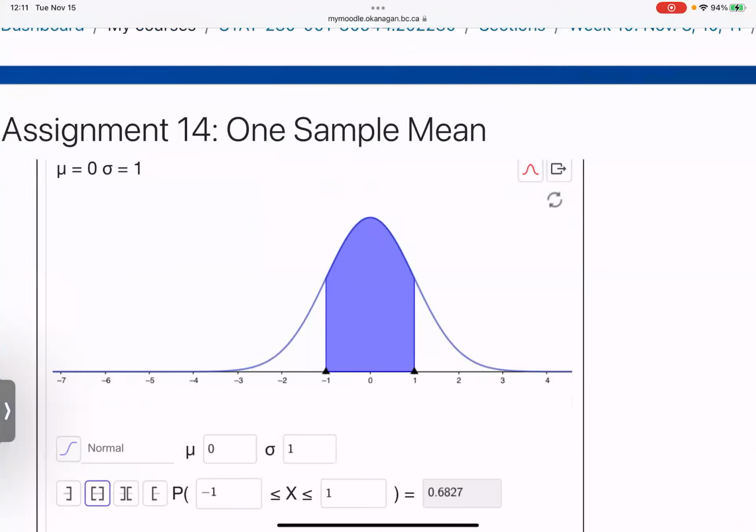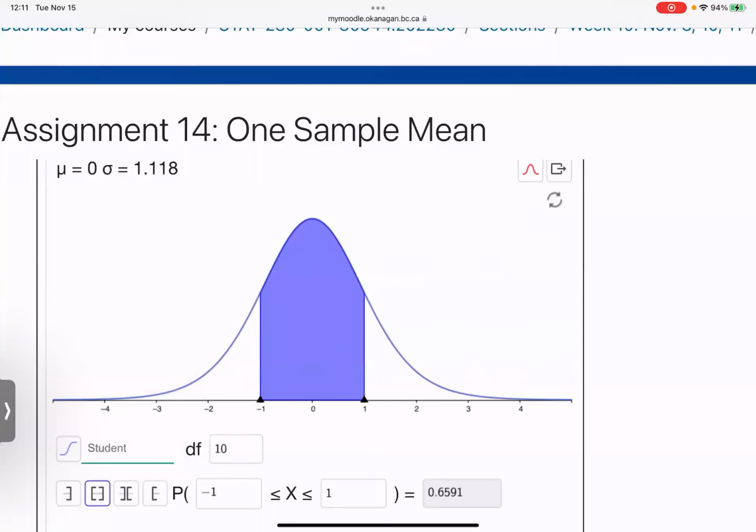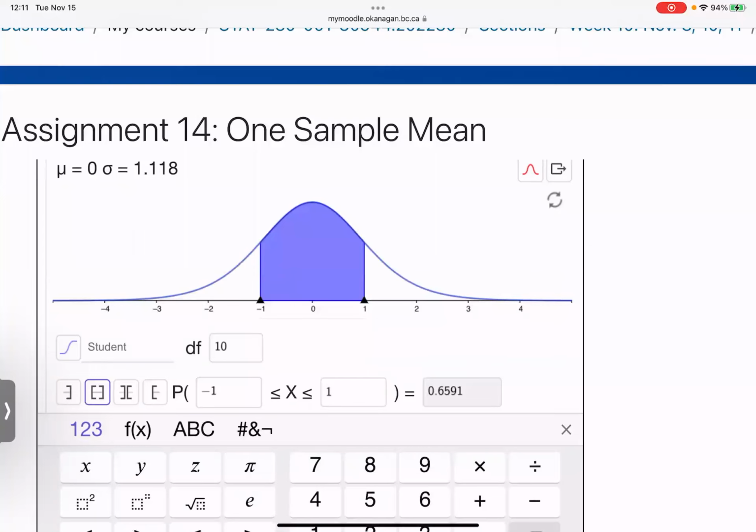As a default, with the T distribution, we have to change it to the student T distribution. We have to change the degrees of freedom. Now I know I have 9 degrees of freedom.